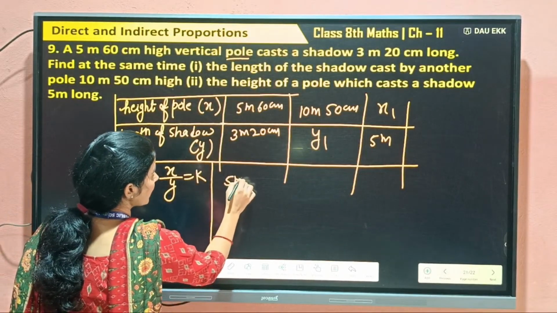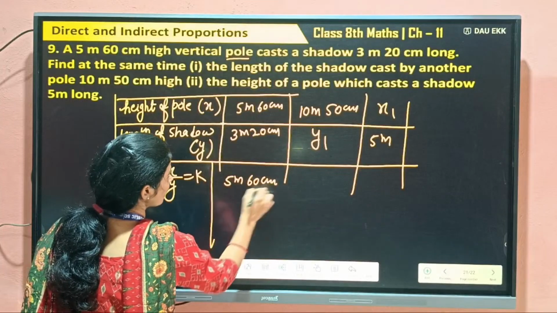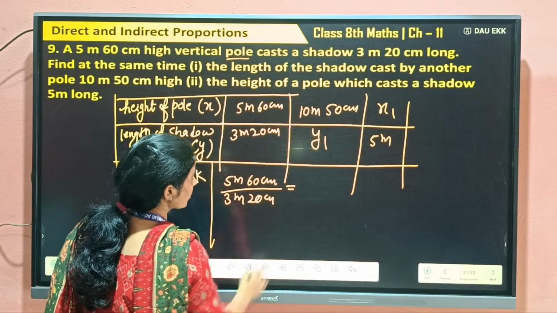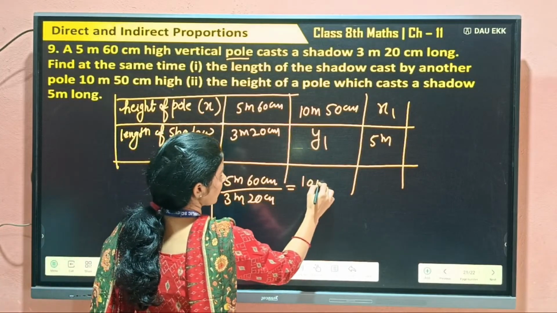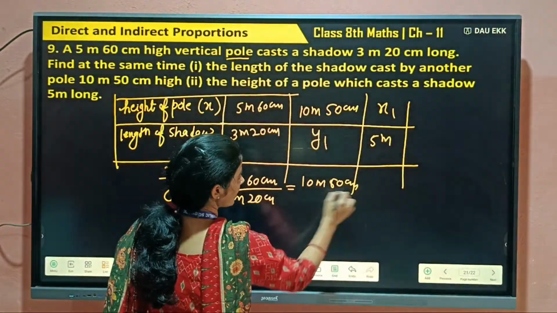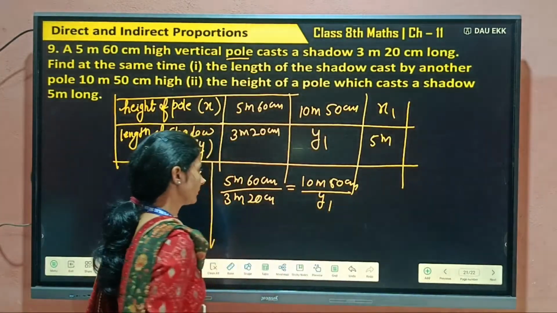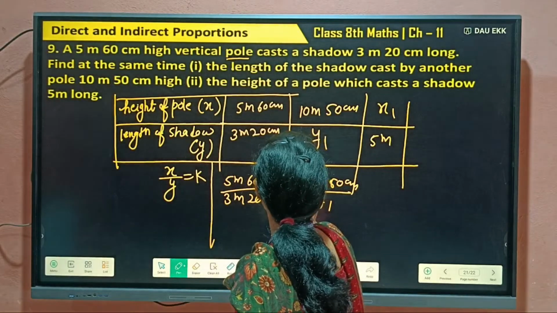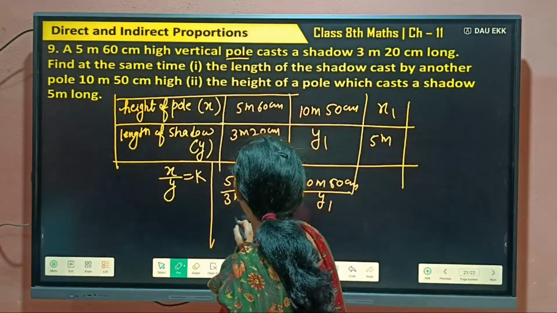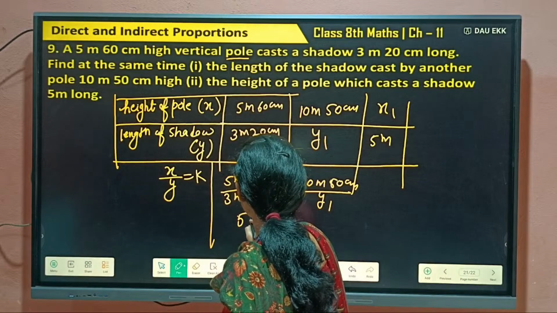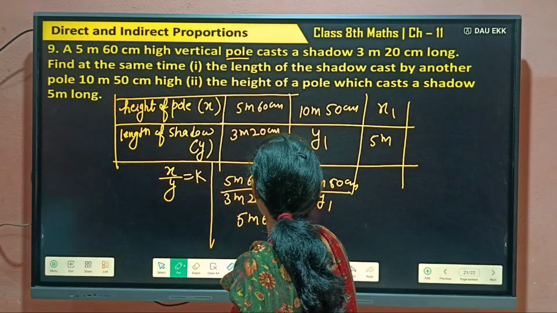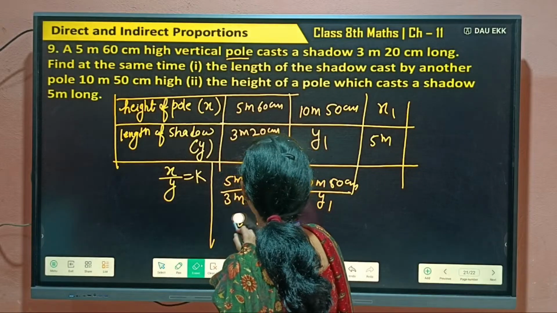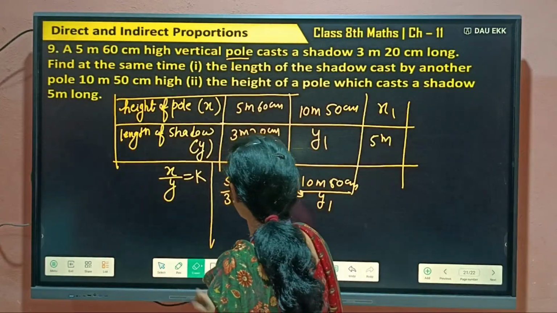Now 5 meter 60 centimeter by 3 meter 20 centimeter equals 10 meter 50 centimeter by y1. Now simplify using cross multiplication. 5 meter 60 centimeter into y1, or we can express these in decimal.